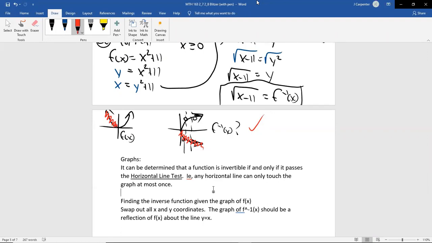The horizontal line test is the exact same thing as a vertical line test, except with horizontal lines instead of vertical lines. How on earth do you think I knew that? Maybe it's the word horizontal used instead of vertical.